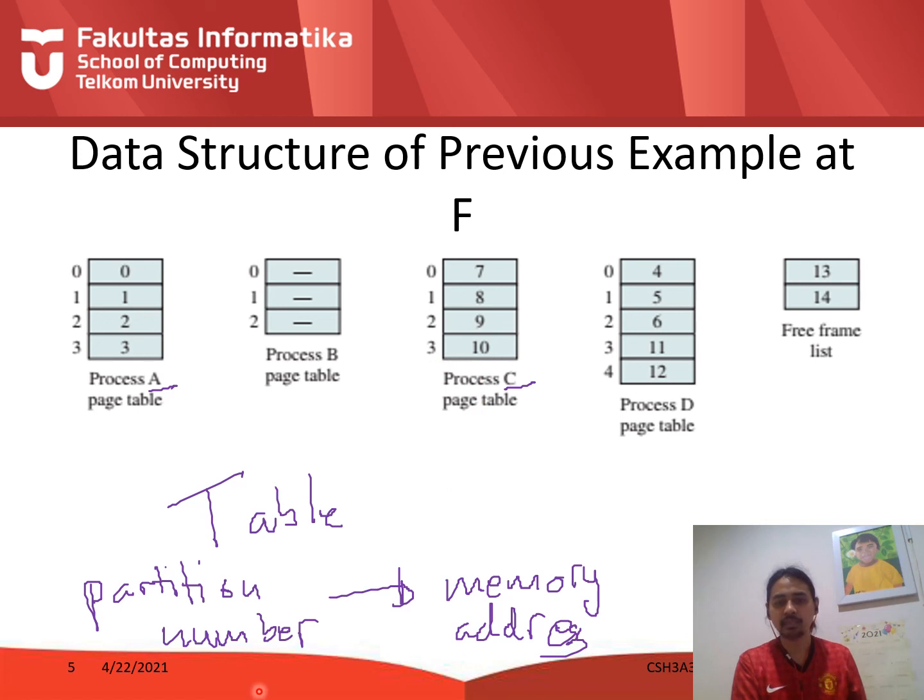And lastly, in D, 0 of D is in 4, and 1 of D is in 5. So keeping track of that needs another effort, and we'll learn that in the next video.